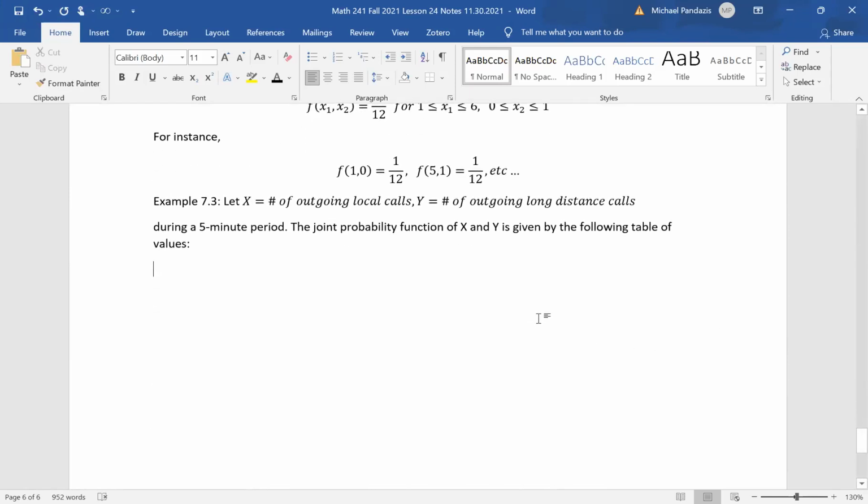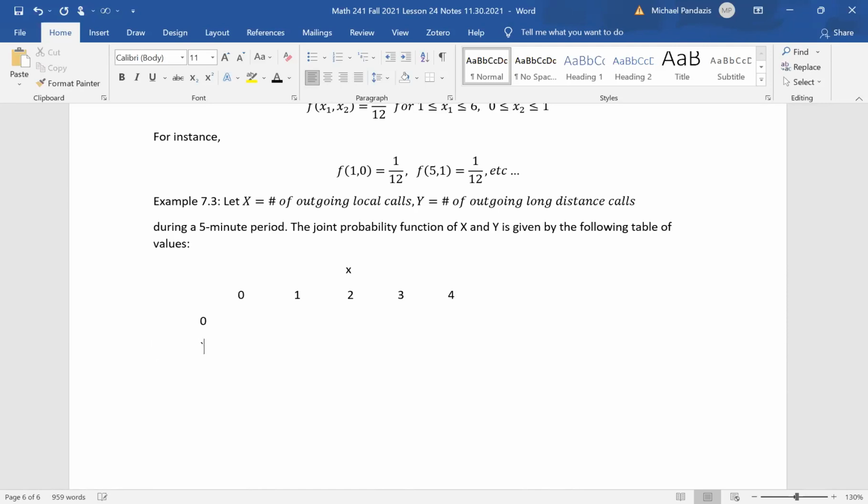Okay, so I'd rather put this here on the whiteboard, so I'm going to do it this way. So these are values of x, and then let's say these are values of y. So this is y equals 0.